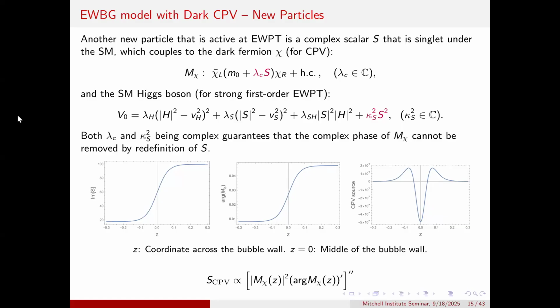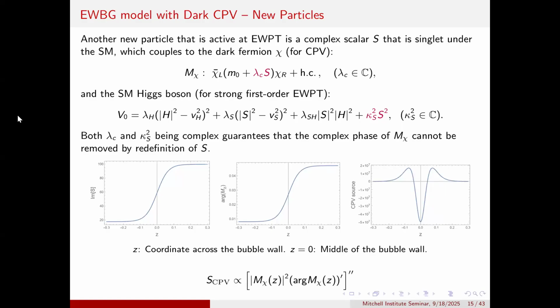There's another reason for introducing this dark scalar: to induce a strong first-order electroweak phase transition, following the mechanism I introduced earlier. So it couples to the standard model Higgs by this quadratic coupling.